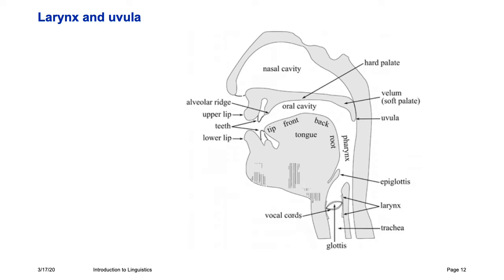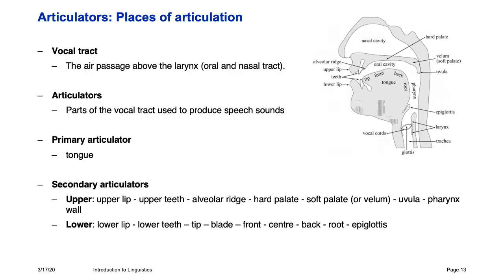Here we have the same slide again. So let's look at the role of the articulators. In the vocal tract, the prime articulator is the tongue. Why?